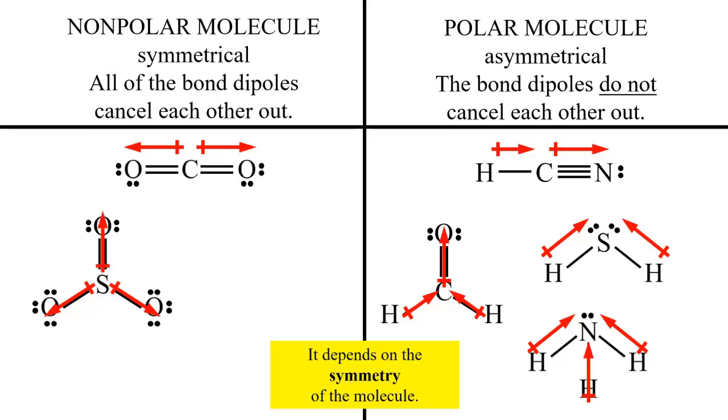So there's an example of a trigonal planar molecule that, because of its asymmetry, would be considered polar. So kind of like linear, with trigonal planar it could be either nonpolar or polar depending on the symmetry.